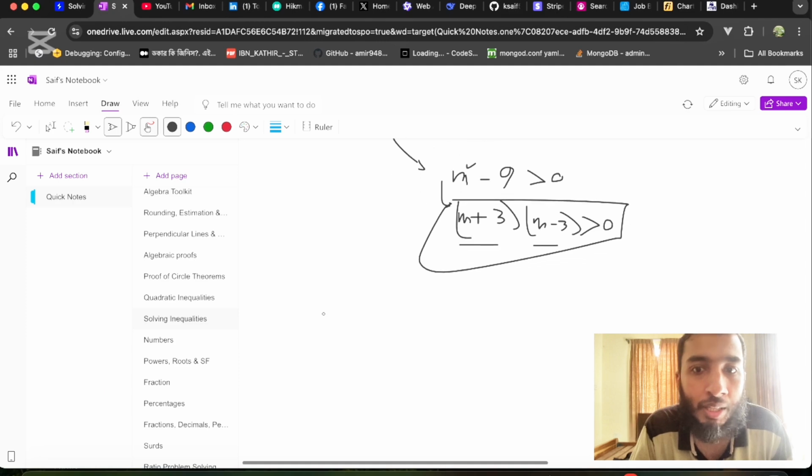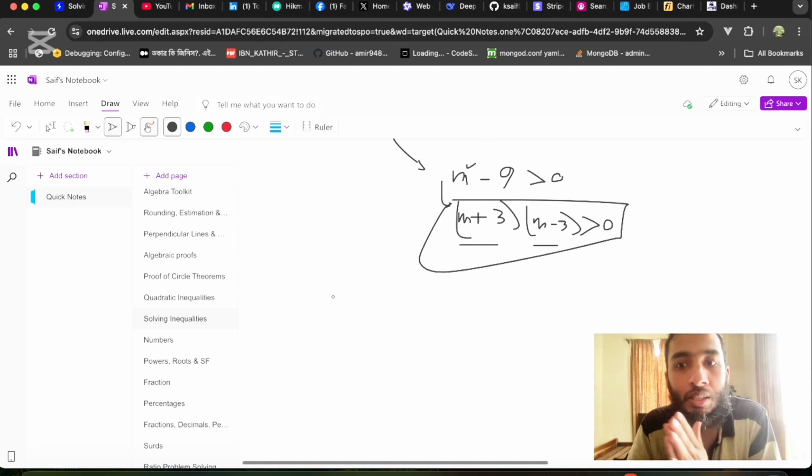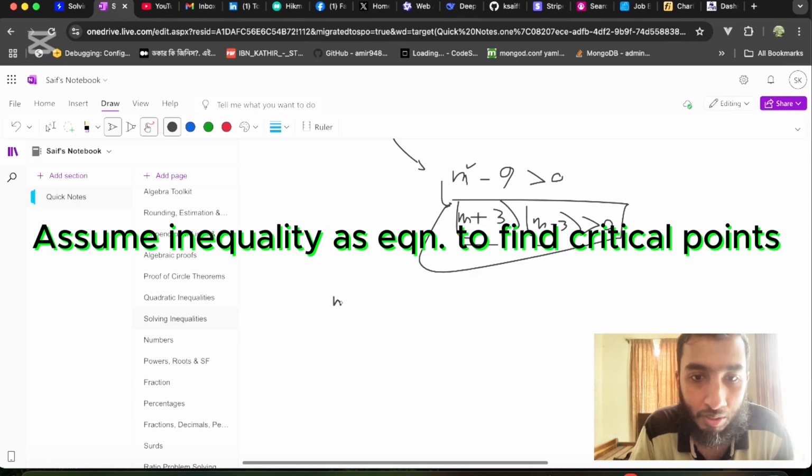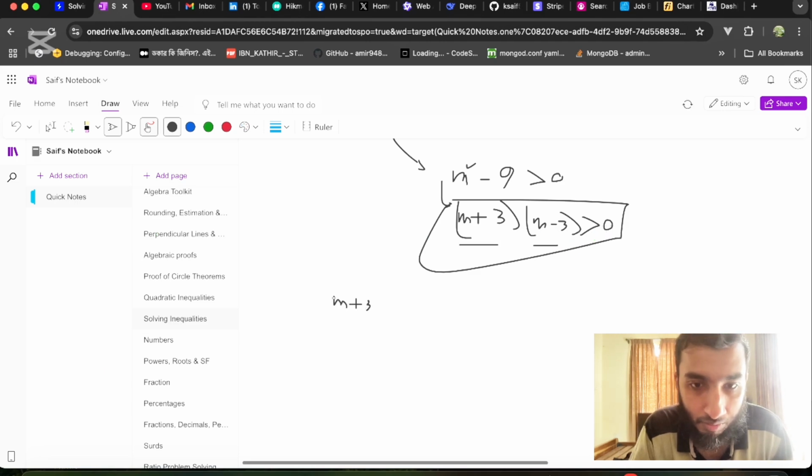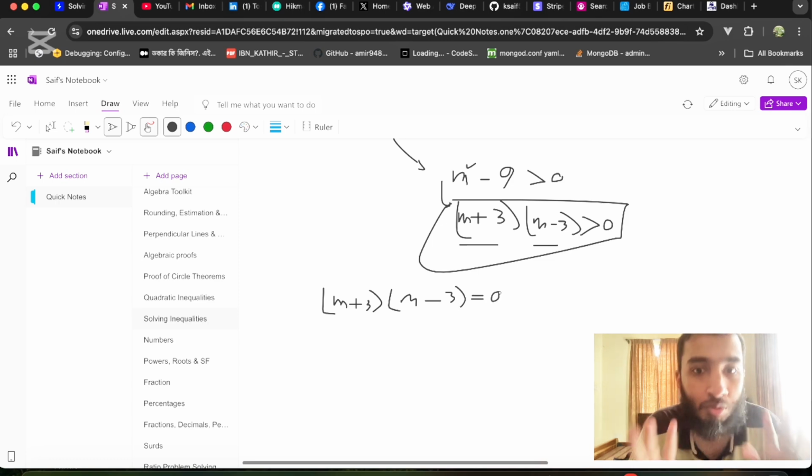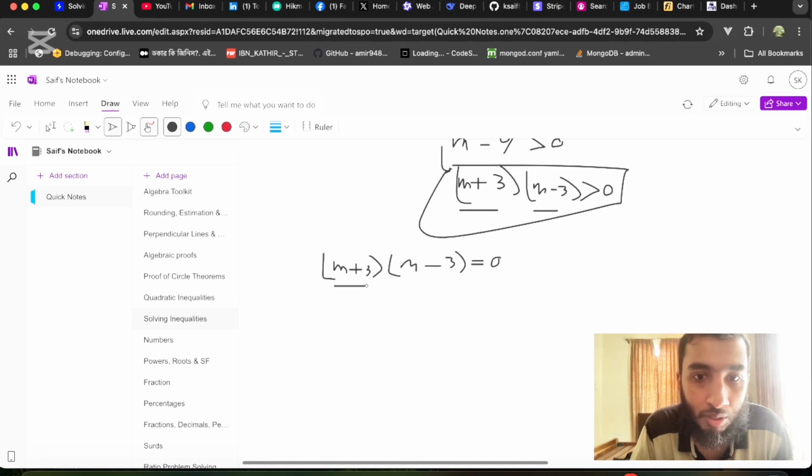So if I use the inequality as an equation, for argument's sake, I get m plus 3 multiplied by m minus 3 is equal to 0. So if the multiplication of two terms is equal to 0, at least one of them is definitely 0.